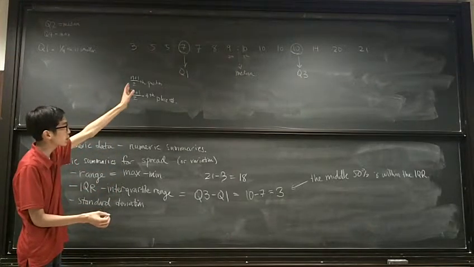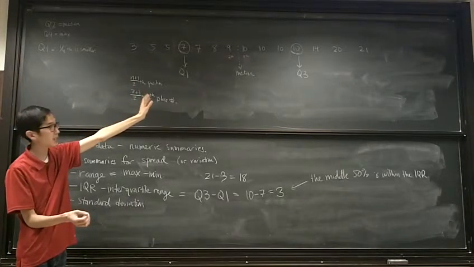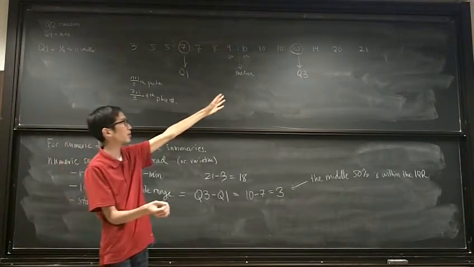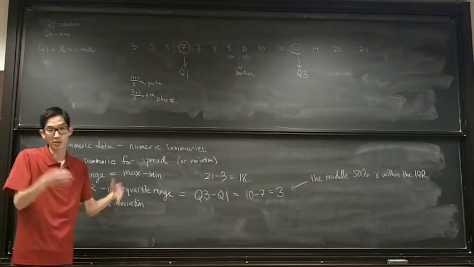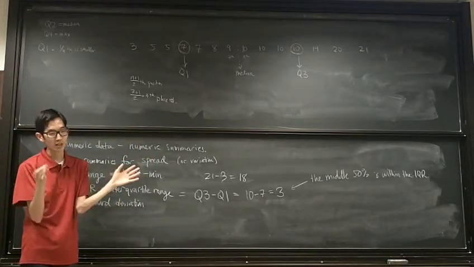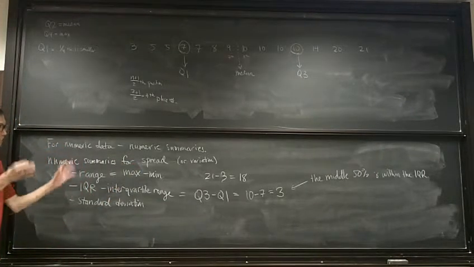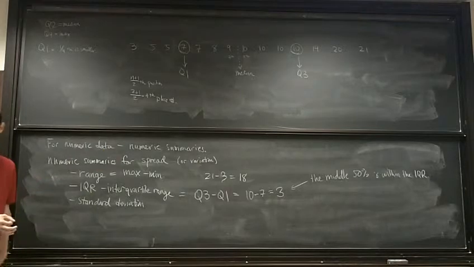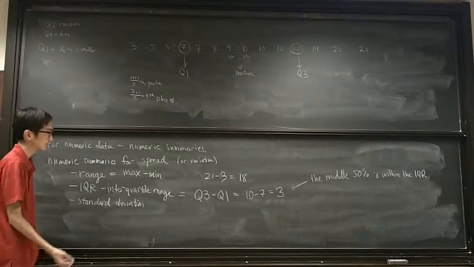The bottom 25th percentile, the bottom quarter grew 7 millimeters, and then the top quarter, or the 75th percentile, grew 10 millimeters. So in this middle zone, there wasn't a whole lot, just 3 millimeters difference separated the top 25% from the bottom 25%. That's what the IQR gives us an idea of, okay?